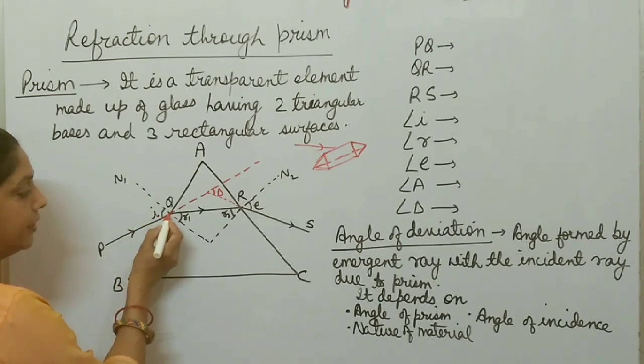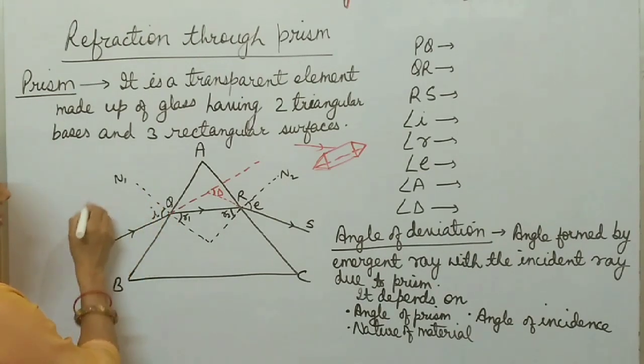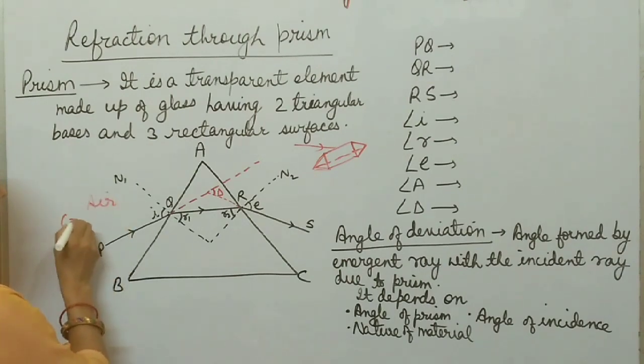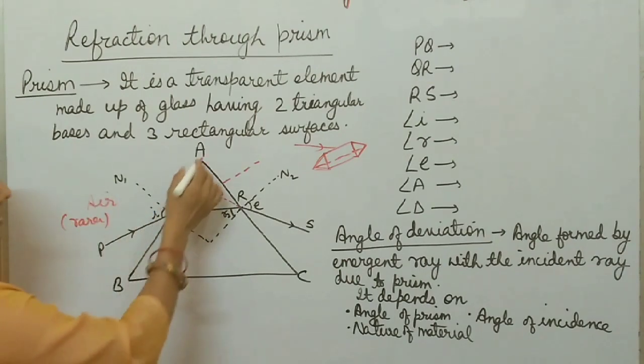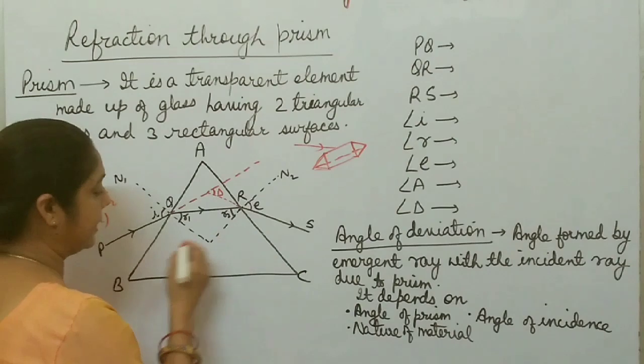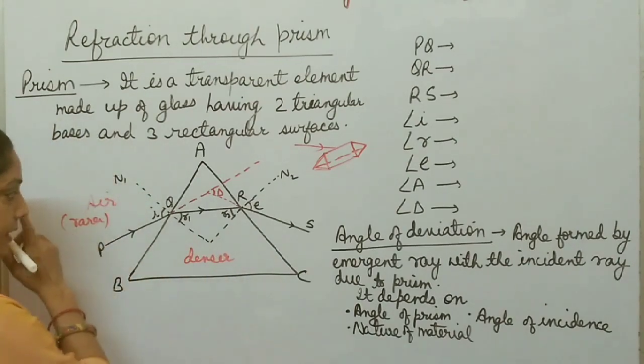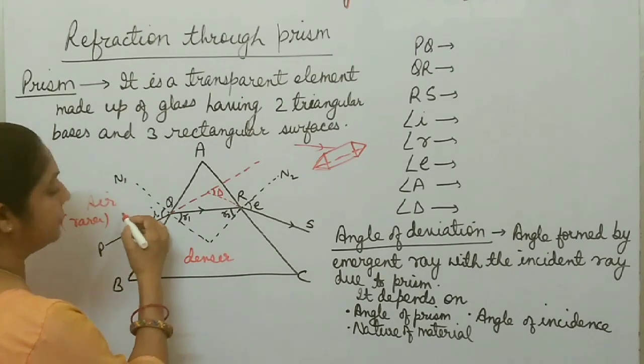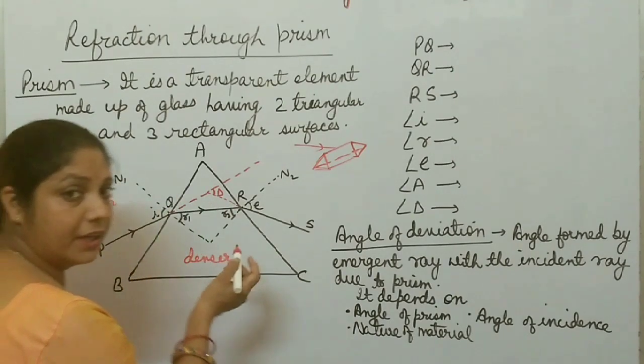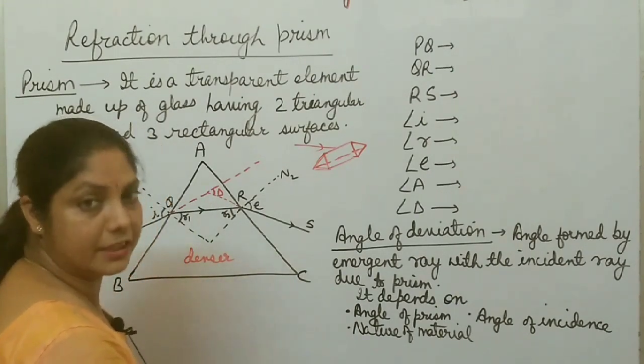Now at point Q, this one is air, and air is what? Rare medium, right? And this prism is made up of glass, and glass having higher refractive index is a denser medium. Now when light travels from this rare to denser medium, what happens? Refraction takes place.